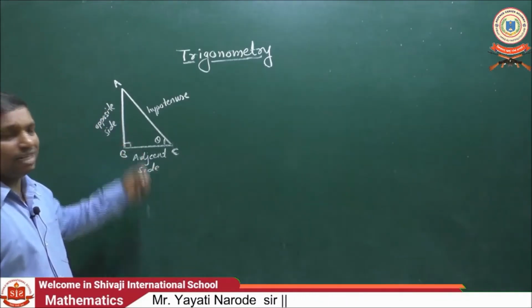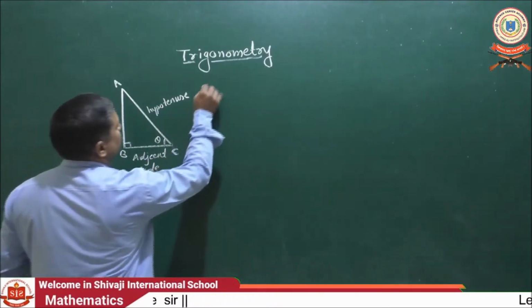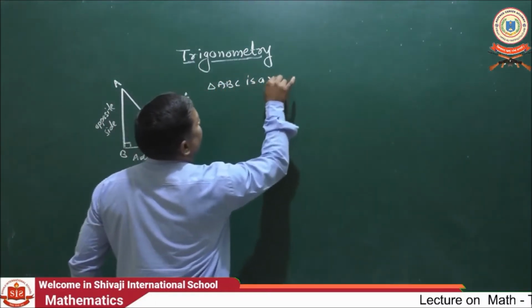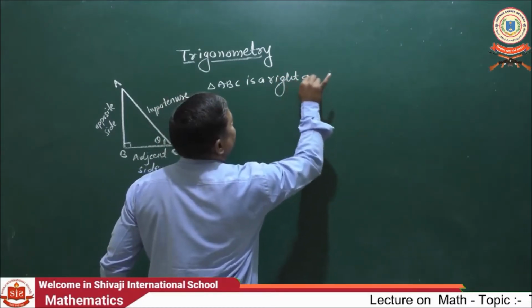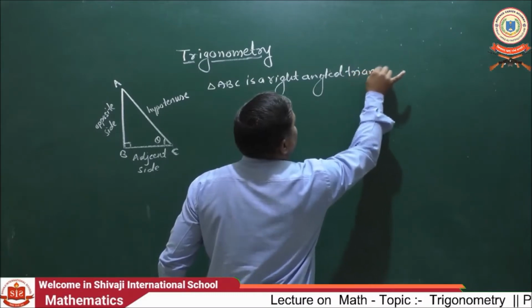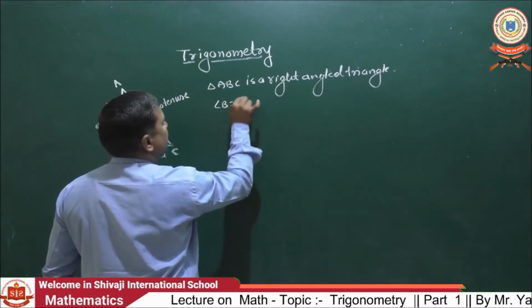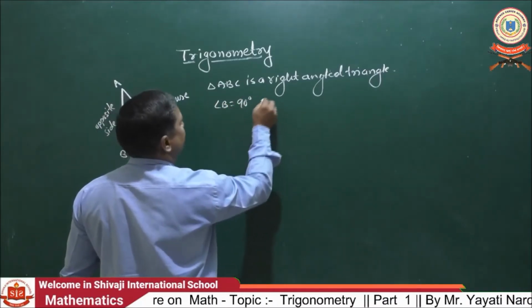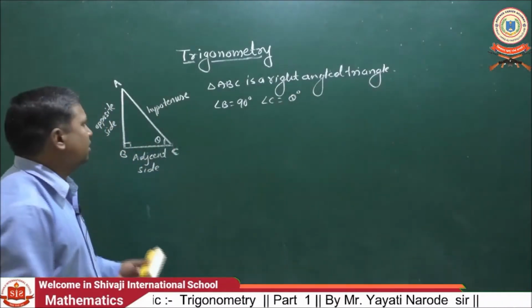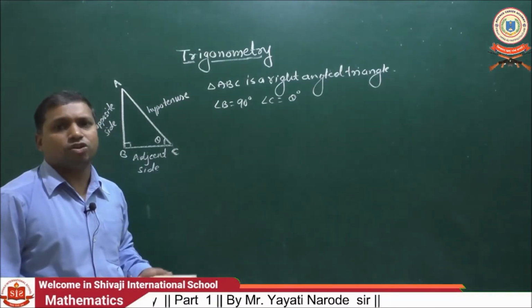Angle B is 90 degrees, and suppose angle C is theta degrees. Then we have to see the basic ratios of trigonometry.